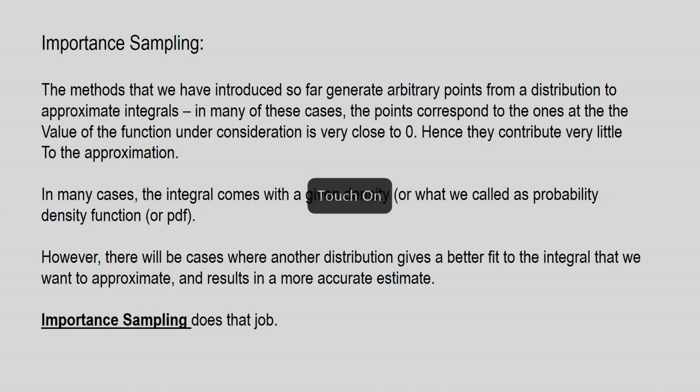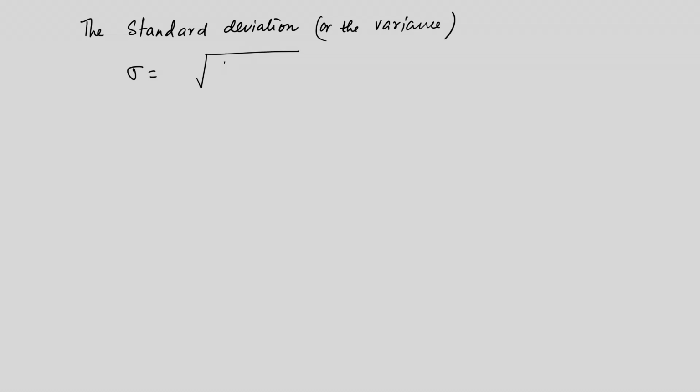We will come back to this in a while, but let us remind you that the standard deviation or the variance of the MC technique is given by sigma equal to root over variance of f of x, divided by root over n, where n is the number of sampling points that we have drawn from a random distribution.